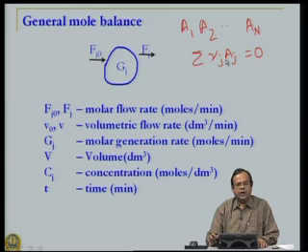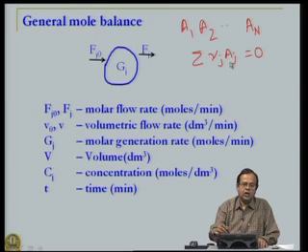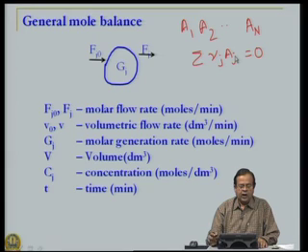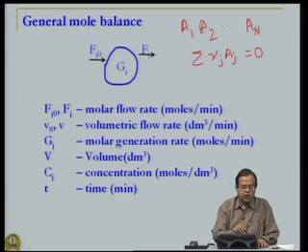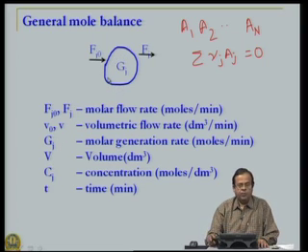So, there is a rate at which this species j is undergoing a change, and let us write its rate as Gj, where G denotes the molar generation rate, and again it is in moles per minute. Capital V is the volume of the reactor in which this reaction is taking place.